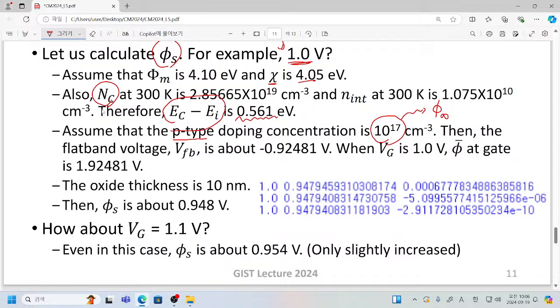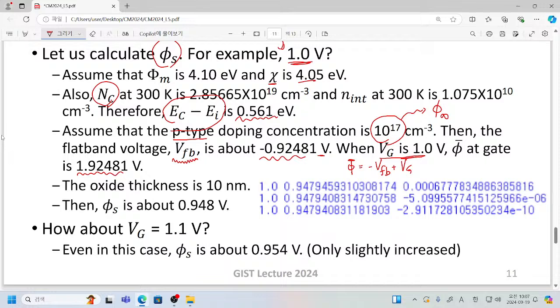Collecting all of these quantities, you can finally identify your flat band voltage, in this case about minus 0.9 volt, and when the gate voltage is 1.0, phi bar should be given as minus flat band plus gate voltage, so you have this boundary condition.